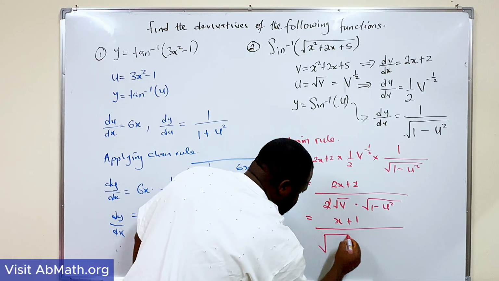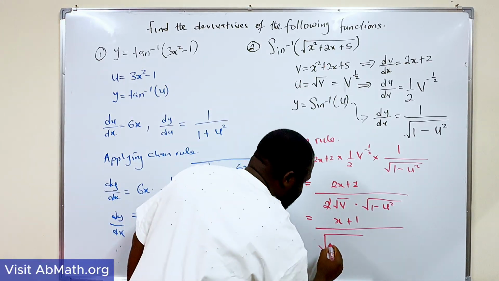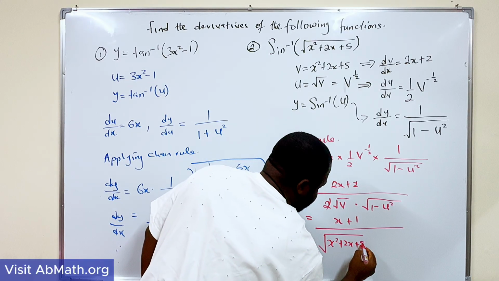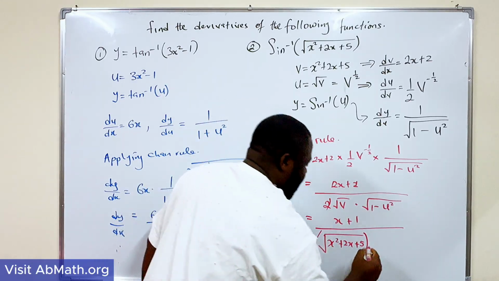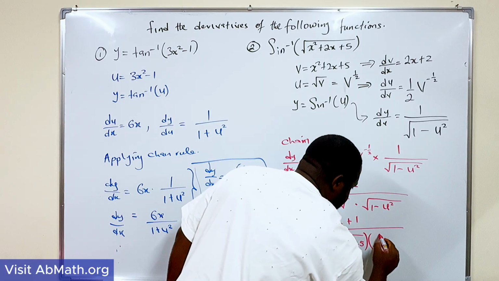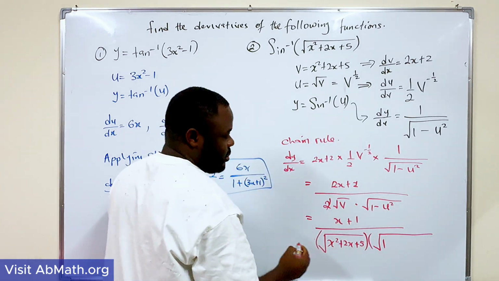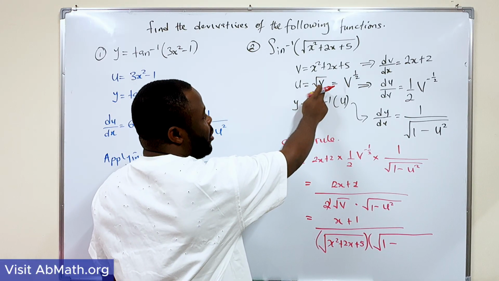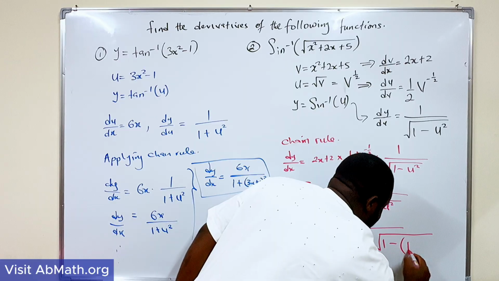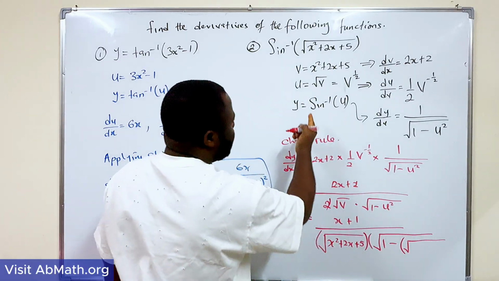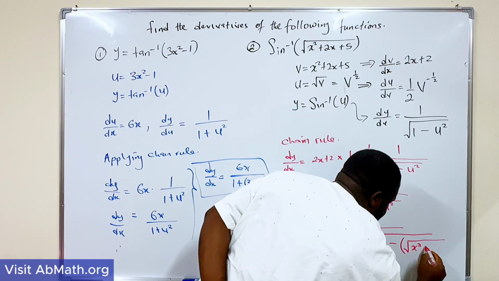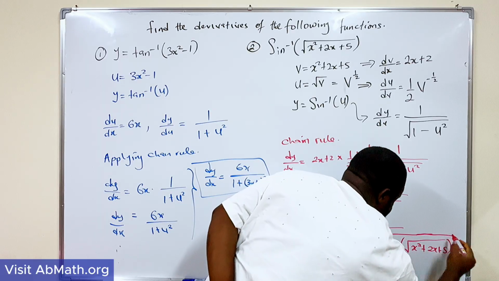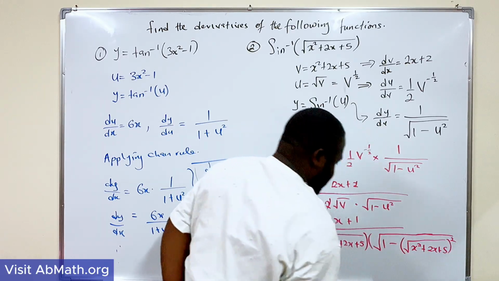What is v? v is our quadratic, x squared plus 2x plus 5, right? Then for this, we have multiplied by square root of 1 minus u squared. What is u? u is square root of v, which is our quadratic, x squared plus 2x plus 5. Then remember, u is squared, so we square it.